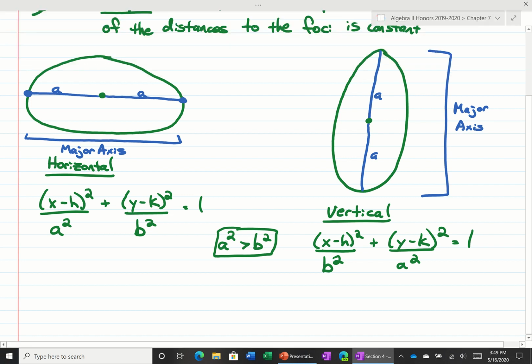On the major axis, we have the foci. So it's different than a parabola because we have two foci. And the distance from the center to the focus, we use c.